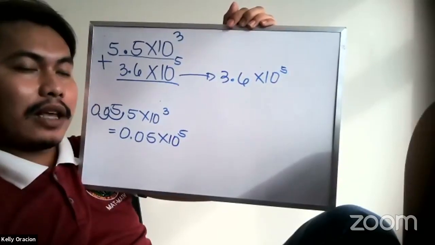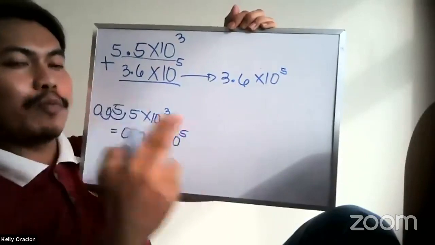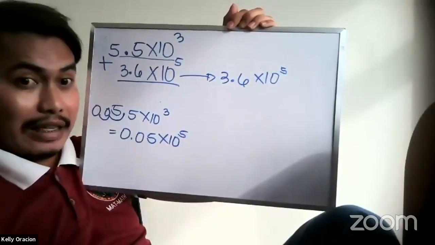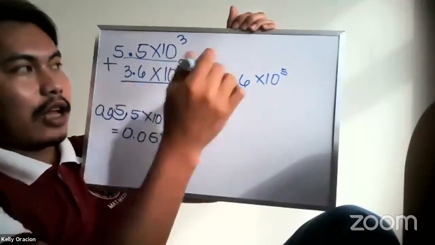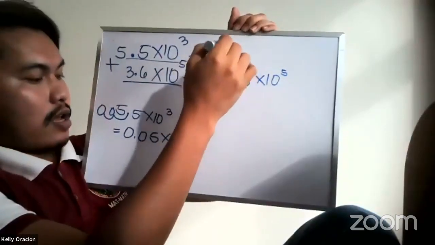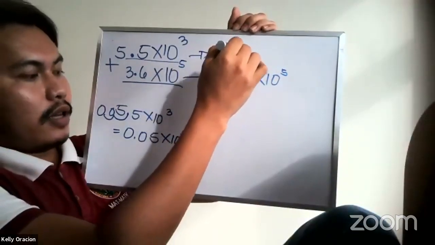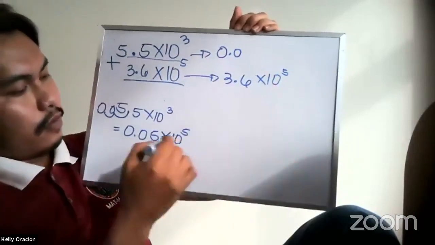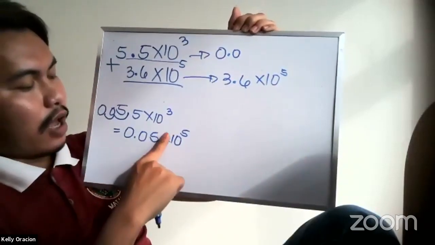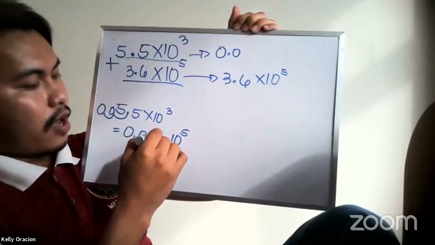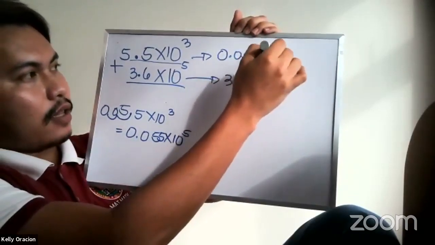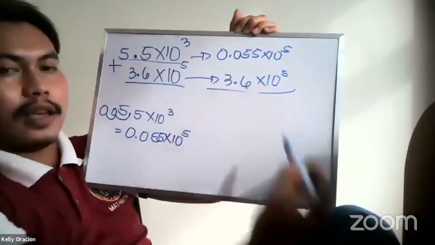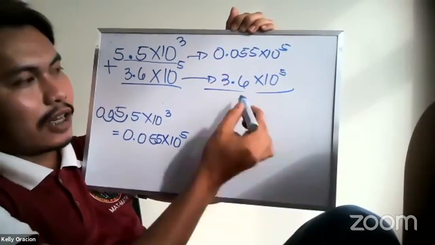So we need to move 2 places to the left. So ito yung nangyari. Sorry, kulang ako ng 5 here. It's 0.055 times 10 raised to 5. Yan. Okay, so yan na siya.